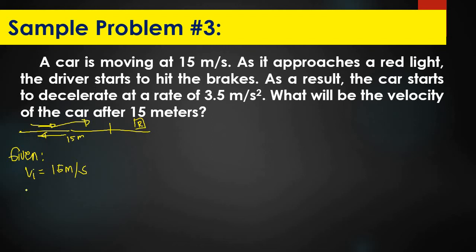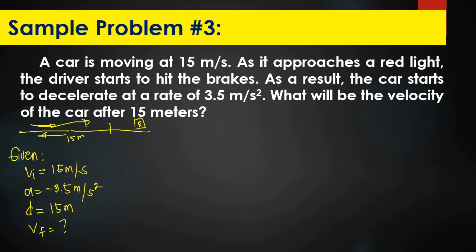So that should be a negative acceleration of 3.5 meters per second squared. The question now is, what will be the velocity after 15 meters? So displacement is 15 meters, VF is unknown.